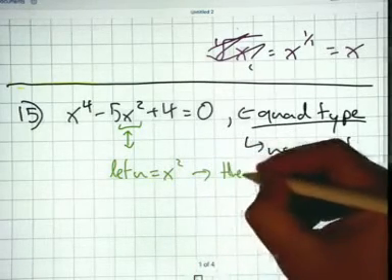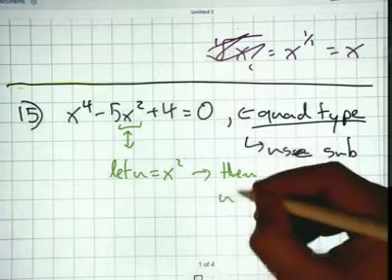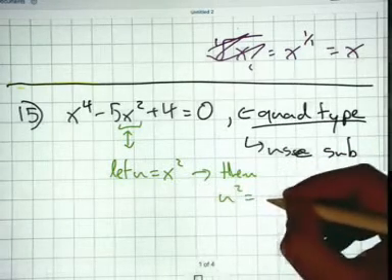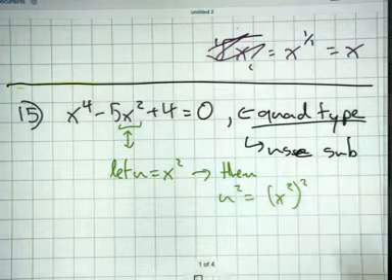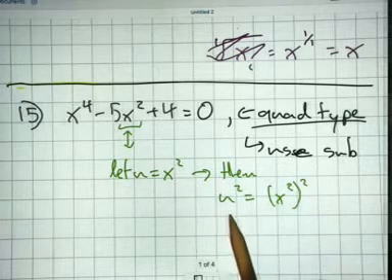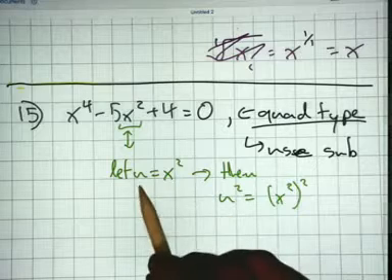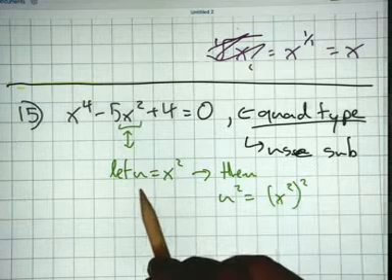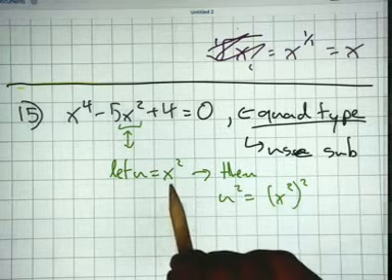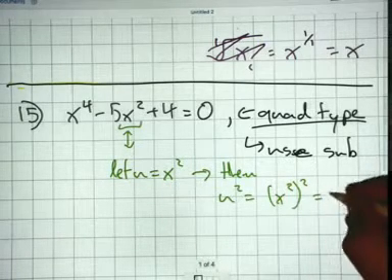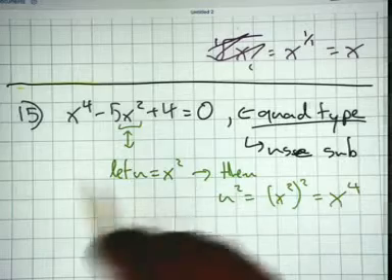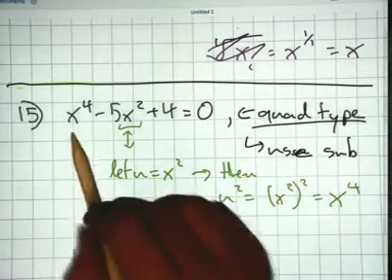Then u squared is x squared raised to the second power, because what is u squared? u squared is u times itself. So that means we're going to take x squared and raise it to the second power, and that gives you x to the fourth, which is what we have right up here.